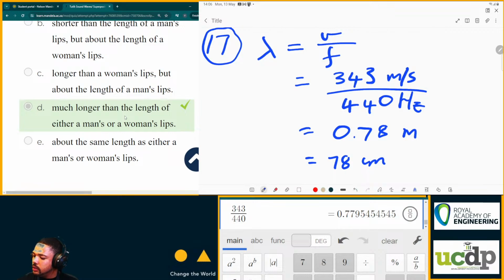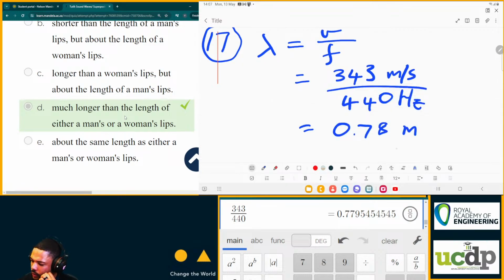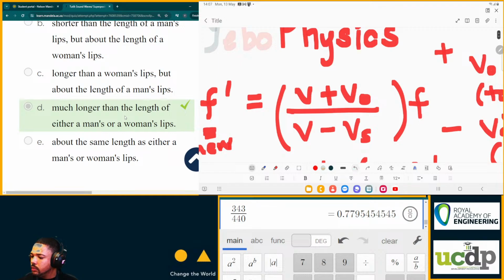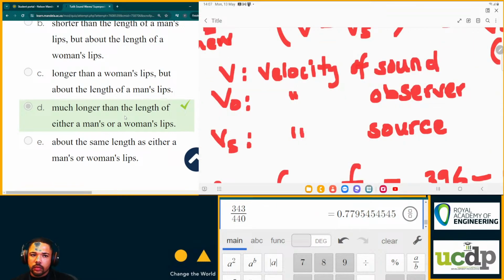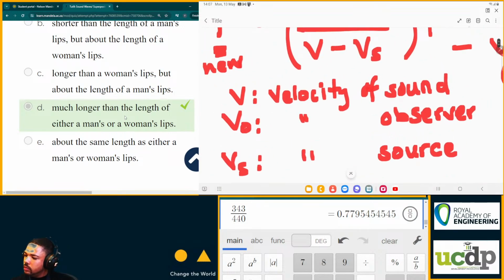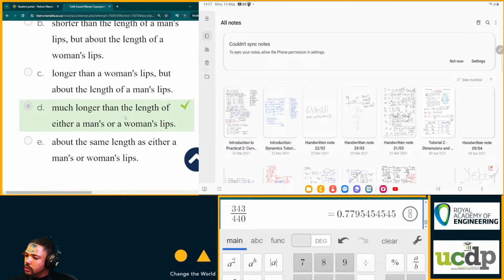Okay. Back here. Too far back. I want a new blank page.